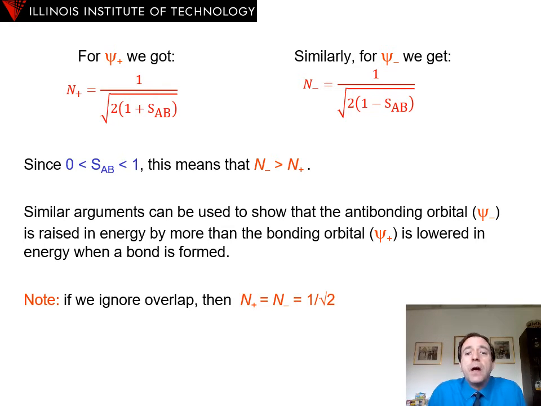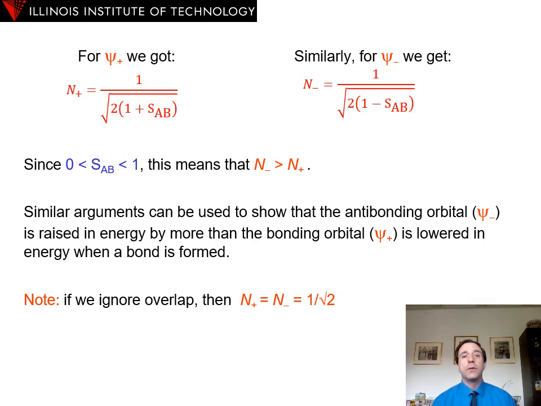The other thing to note here is if we were to drop out that overlap integral, or rather, let's say at r equals infinity, where there's no overlap between the two wave functions, we would imagine that overlap integral goes to 0. So what happens when the overlap integral goes to 0? Well, we see that we just have the 1 over the square root of 2 term left.